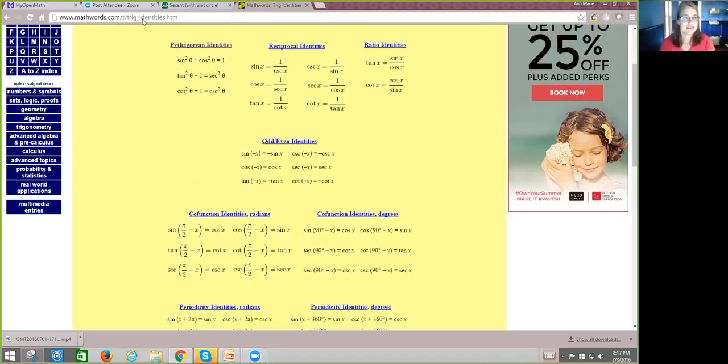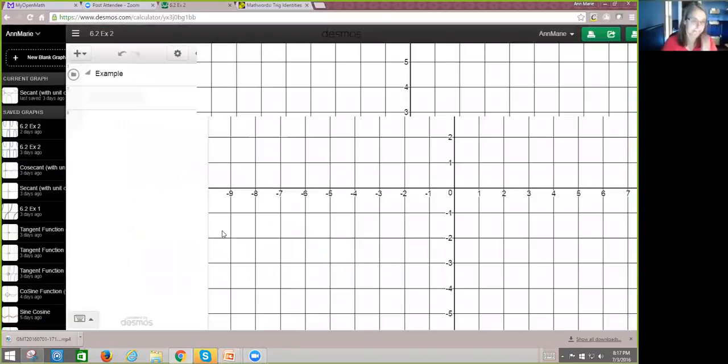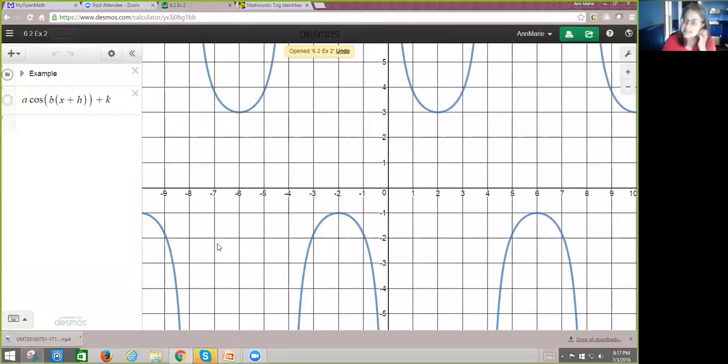So let's go back to that example that we were going to start with a minute ago. This one. Our task is to write a function that will describe this graph. What are we going to do? Our choices are secant or cosecant. I like cosecant.